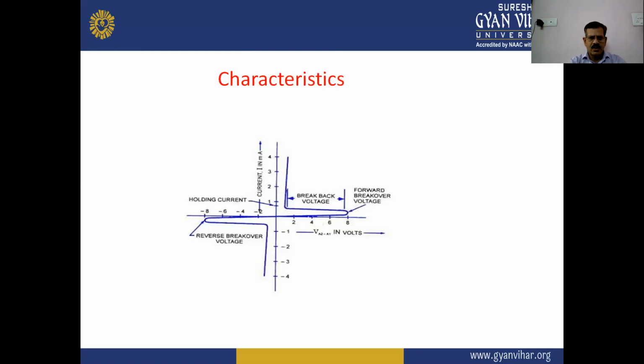There is also a holding current in the forward breakover voltage region and forward conducting region, and also a reverse breakover voltage in the reverse region, and there is also a breakback voltage in the forward conduction region. So this is the VI graph between current versus voltage of the Triac semiconductor device.